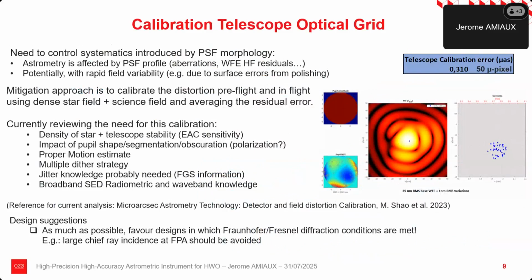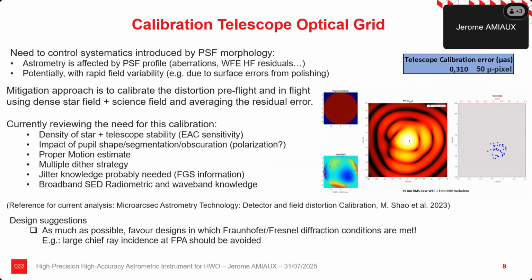For example, when the footprint of the optical path moves when you change the field, or due to surface error from polishing. So there are analytical demonstrations that the current allocation can be made, but we are working on building a calibration approach specifically for the HWO case.